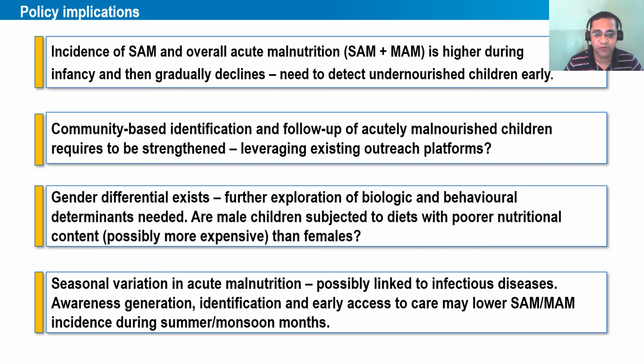And as we discussed before, regarding the gender differential, where we found that the male children were more vulnerable, a plausible explanation was found by other studies undertaken by the Concurrent Monitoring, Learning and Evaluation Unit, and there we found that the male children were often taken better care of, and by that better care, it was meant that instead of exclusive breastfeeding or getting the home available semi-solid diet as part of complementary feeding, they are often fed formula, while the girl children are more likely to receive exclusive breastfeeding and also the home available complementary feeding.